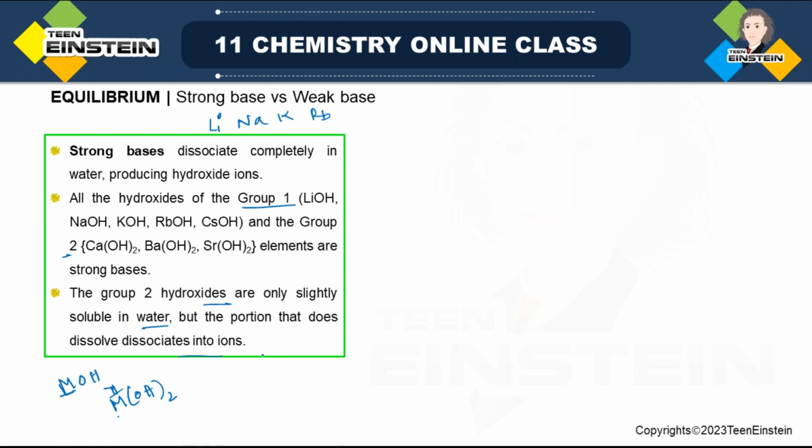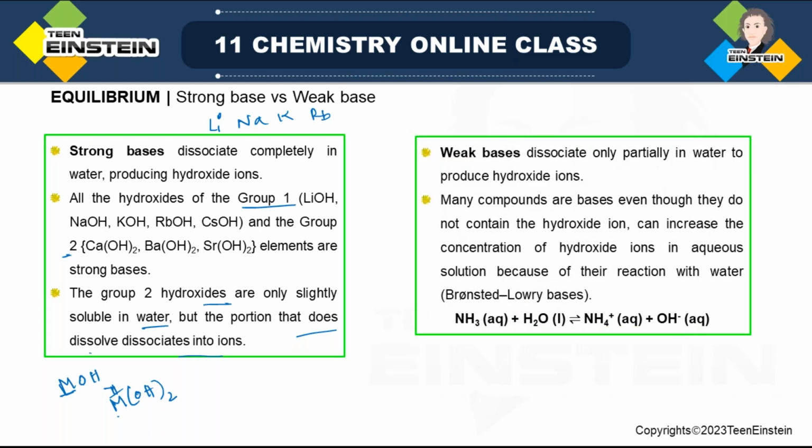So group 2 hydroxides are only slightly soluble, not like group 1 hydroxides which are completely soluble, but the portion that does dissolve is completely dissociated. Suppose some fraction, 50%, is in the dissolved portion, okay? The portion that does dissolve is in completely dissociated form, right? So these are examples of strong bases.